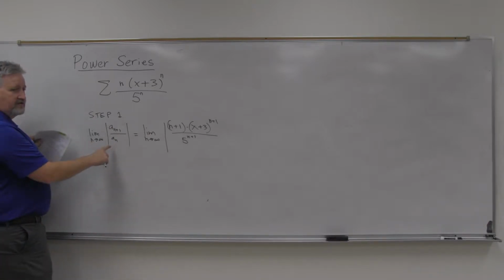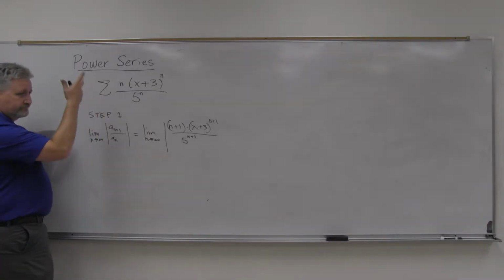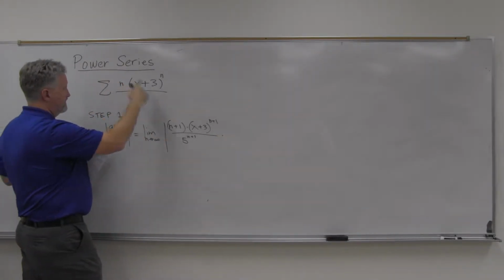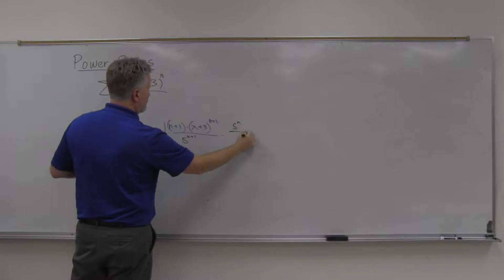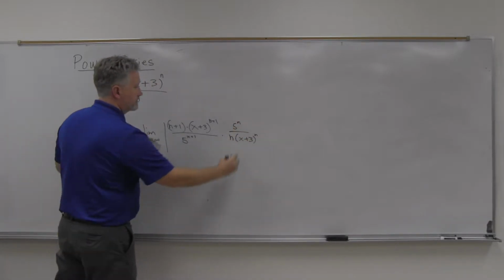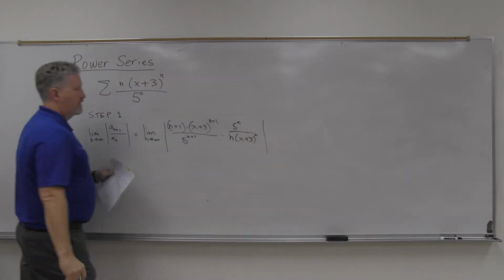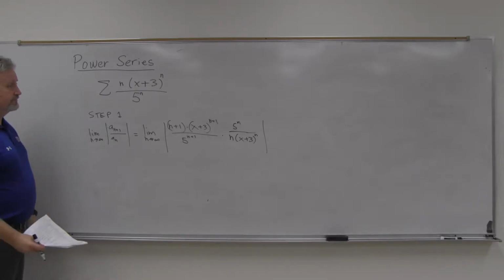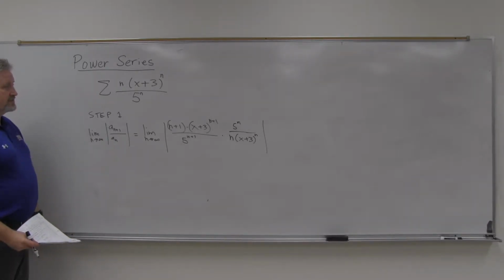Now it's divided by a sub n, which just means times it by the reciprocal of this, so that would be 5 to the n over n times (x plus 3) to the n. And in this particular case, there's no alternating sign, so nothing really changes there.